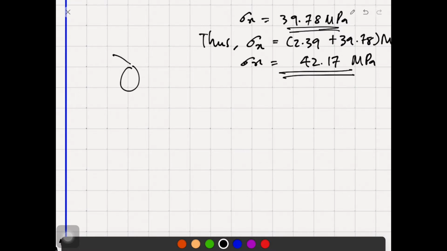We have x, y, and z, and we have a moment x, the 1 kilonewton times the distance of 0.1, and probably that is going to cause some stress in terms of shear. I have 2 types of shear, 2 taus if you can recall. One is shear torsion, the other one is transverse shear.